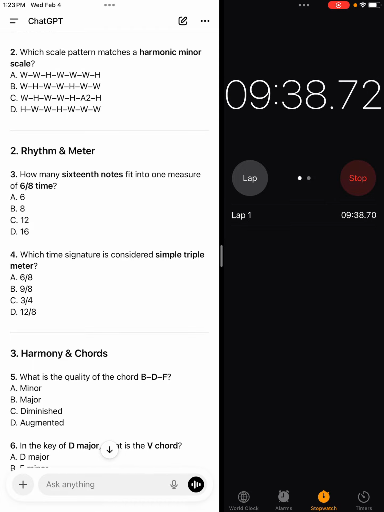How many 16th notes fit into one measure of 6/8 time? Okay, 16th. Six of them.